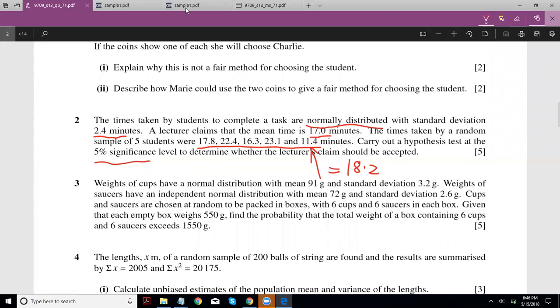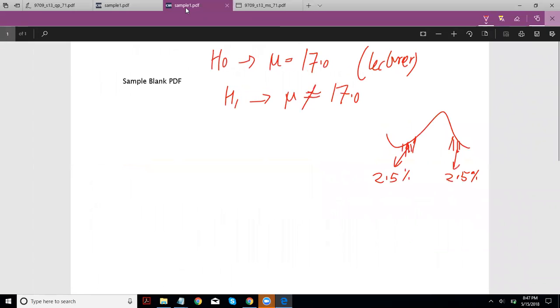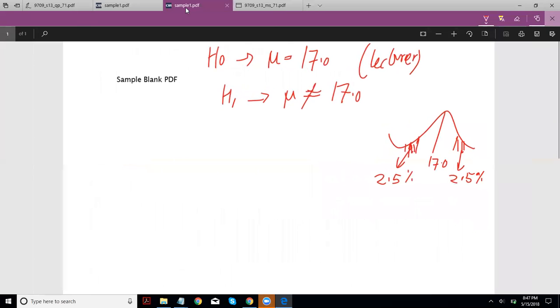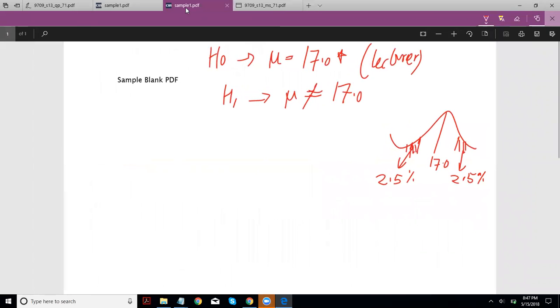What I was saying was, while they haven't specified whether it is an upper tail test or a lower tail test, and we are testing both tails, by this point it should be pretty clear that since the mean we're taking as our null hypothesis is 17, if the value is going to be rejected and fall in a critical region, it's going to be this one, because the value we're taking is 18.2.